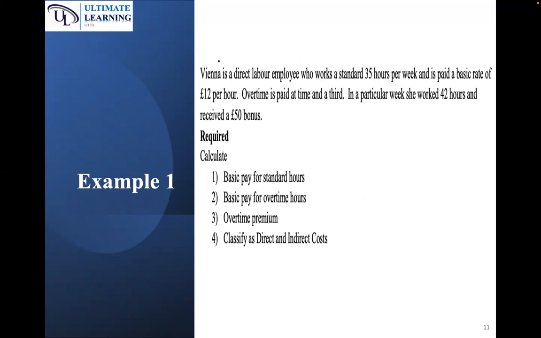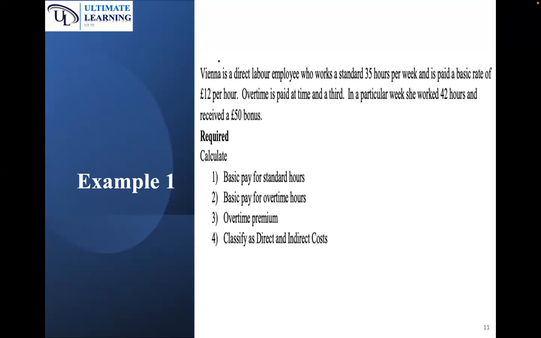So we have looked at number 1, types of employees, the classification of employees. Employees are classified as either direct or indirect. Direct employees are involved in the making of a product or offering a service. Indirect employees support the process.